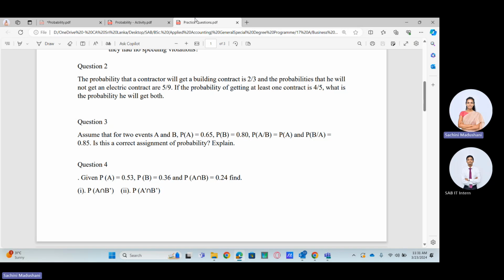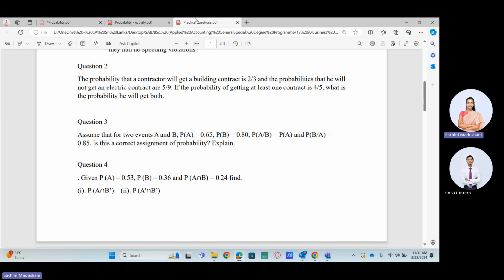Finish. Then question number 4. The first one asks A intersection B dash. A intersection B dash means what? A only.